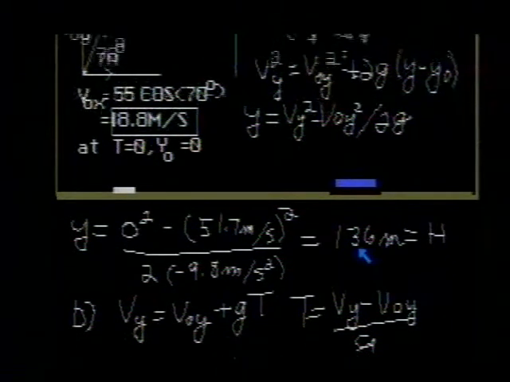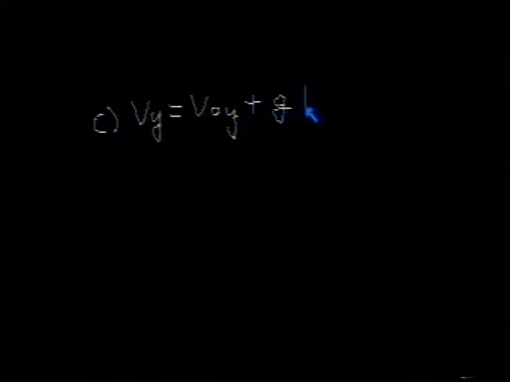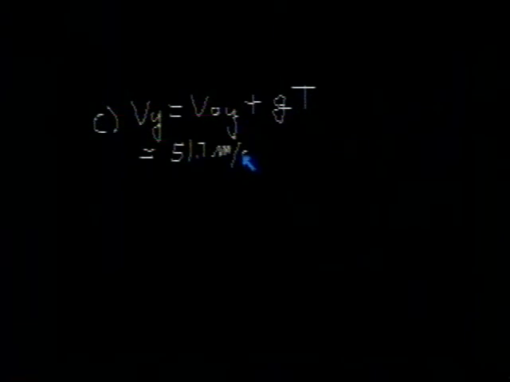For part C, v sub y is v0y plus gt, and that is going to be equal to 51.7 meters per second plus g, which is minus 9.8 meters per second squared, multiplied by the time, which is 8 seconds.